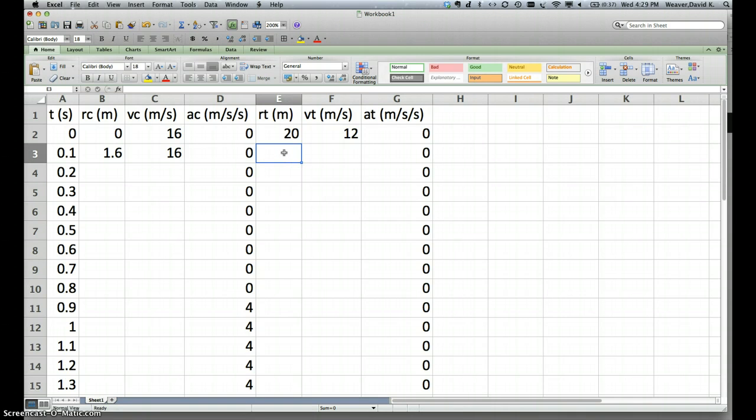We're going to say the same sort of thing here. As far as the truck's position, the position in the future is equal to the position in the past plus the average of the velocities during that interval times the time step.